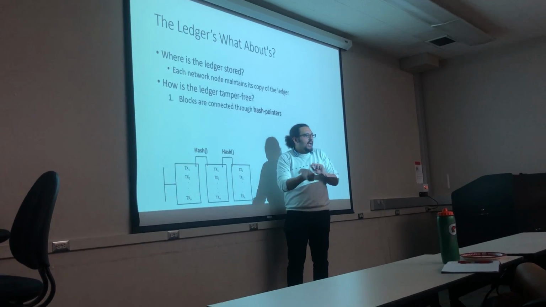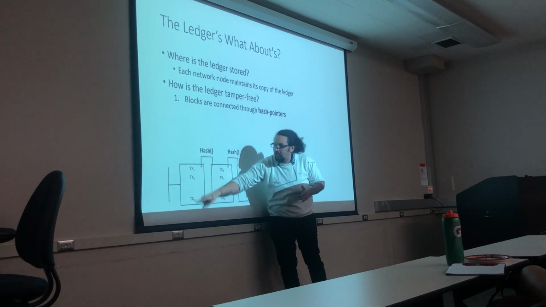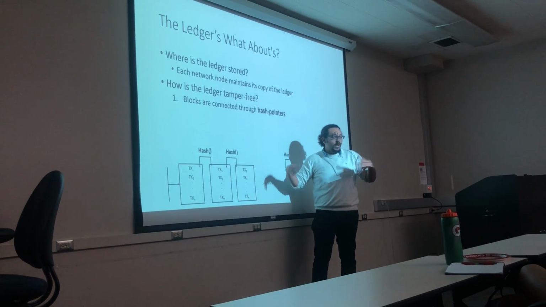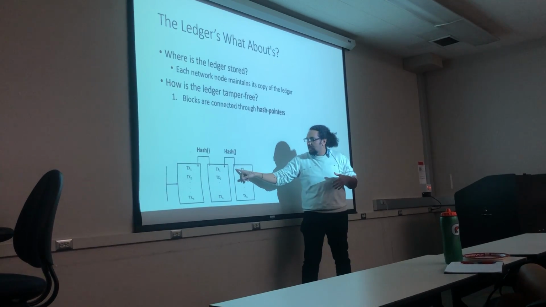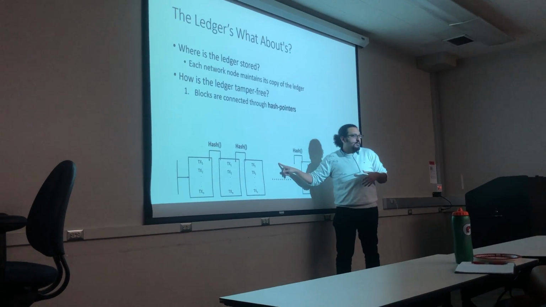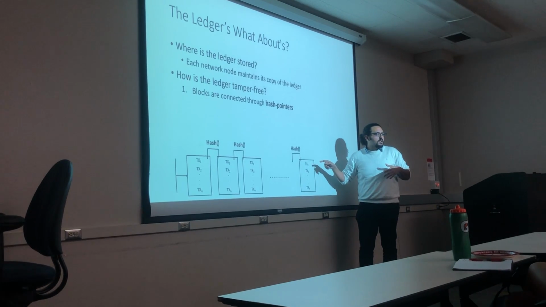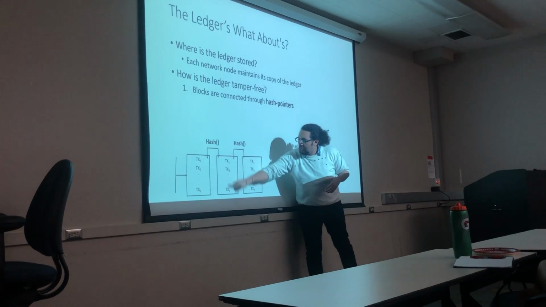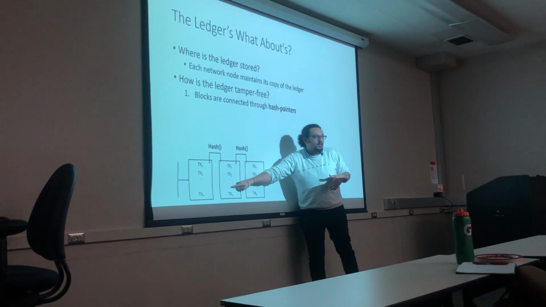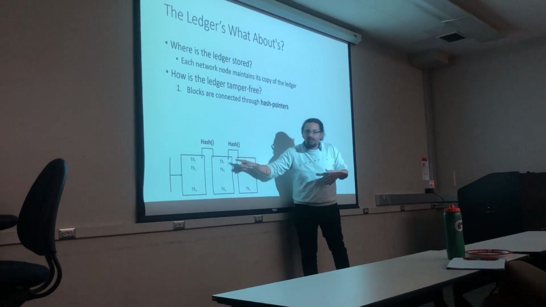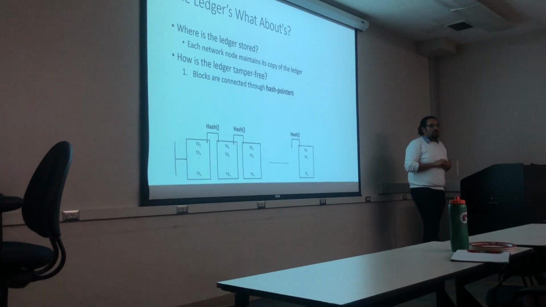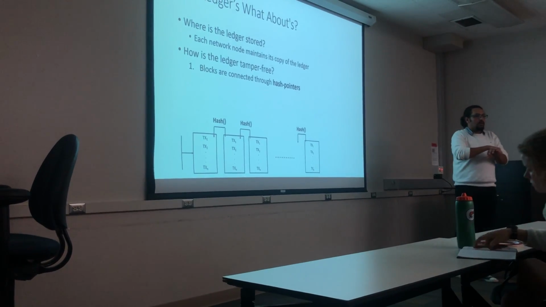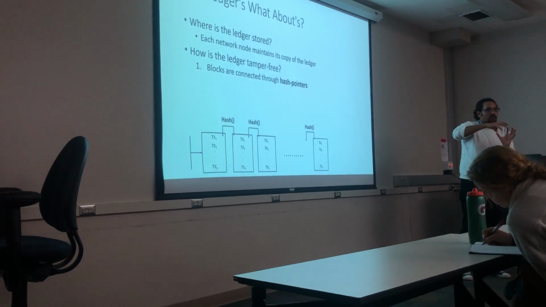So we can easily detect if someone changed anything in any of the blocks. Why is that? Because the hash of this block is stored here, the hash of this block is stored in the next block, and so on and so forth. So if anyone tries to change the content here, the hash will not match, so we'll detect that there is a change here. But it's not the whole hash. It's the hash of the previous block. The entire thing, all 32.